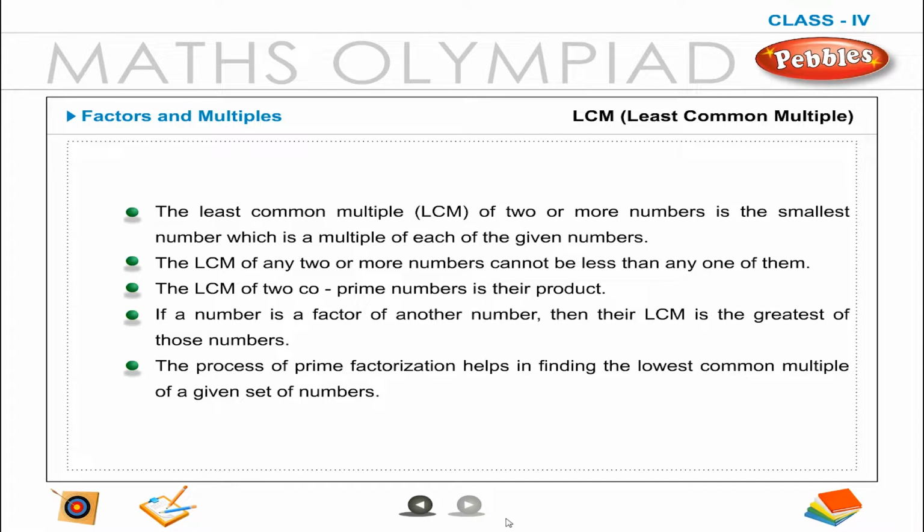The LCM of two co-prime numbers is their product. If a number is a factor of another number, then their LCM is the greatest of those numbers. The process of prime factorization helps in finding the lowest common multiple or the LCM of a given set of numbers.